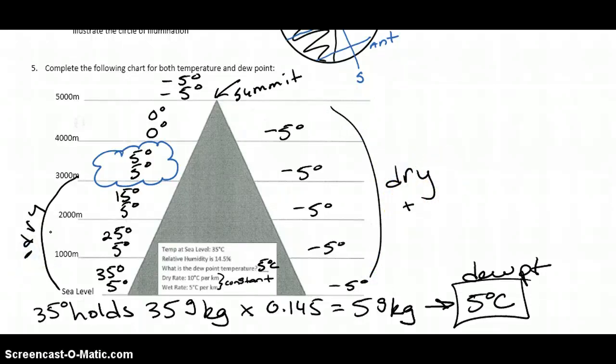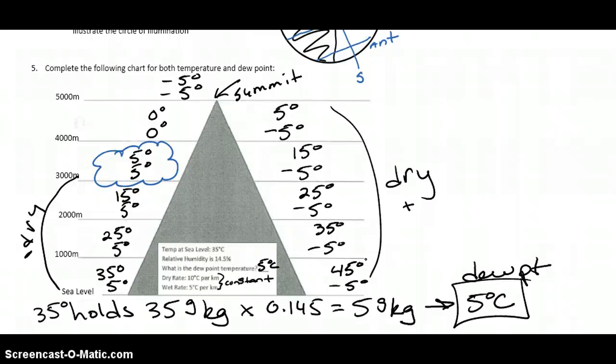Before we were subtracting. So instead of -5, we're going to add 10. So we'll have 5, 15, 25, 35. Finally at the base, 45 degrees. So we started off with 35 degrees and a dew point temperature of 5. We're ending with 45 degrees and a dew point temperature of -5 degrees.